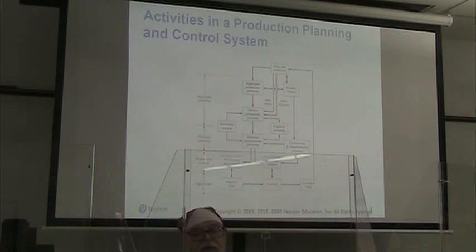So the master production schedule comes down to the material requirements planning. That again goes back and forth with capacity planning and is informed by the engineering and manufacturing database.